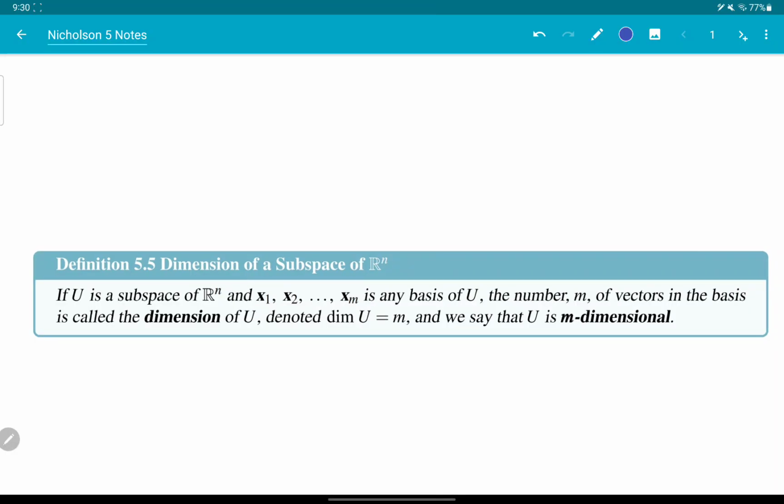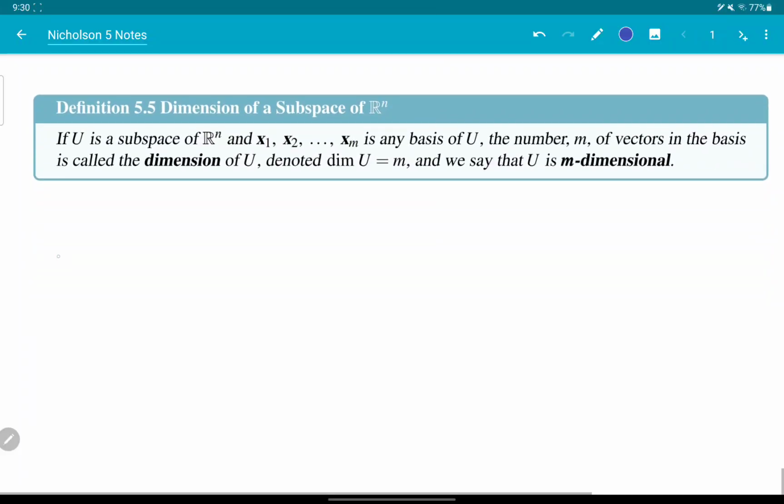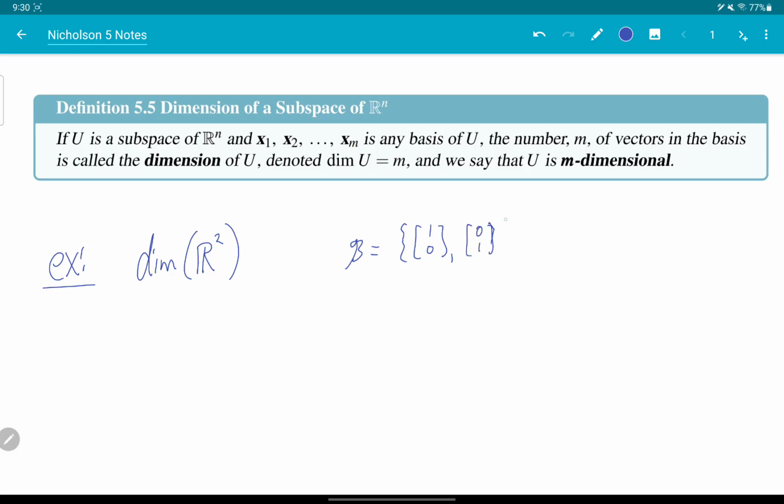So now the dimension. Let's do some examples to illuminate. Let's look at the dimension of R2 itself. Well, we said above that a basis is (1, 0), (0, 1).